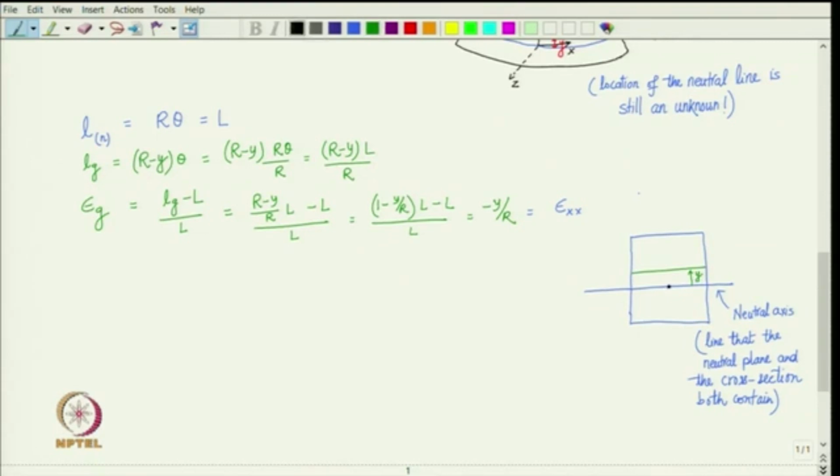So, this is the origin and the y axis is going vertically upward, whereas the z axis is to the left and the x axis is now coming out of the paper. So, this is the cross section.